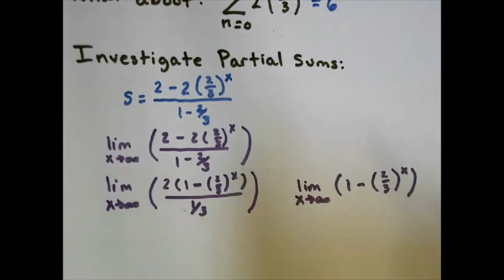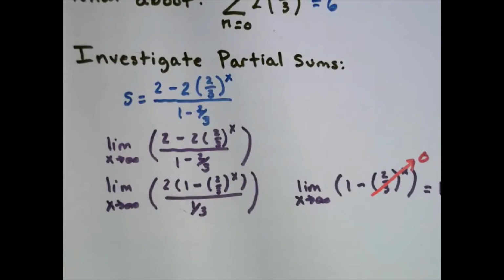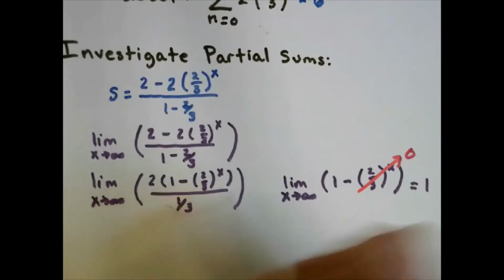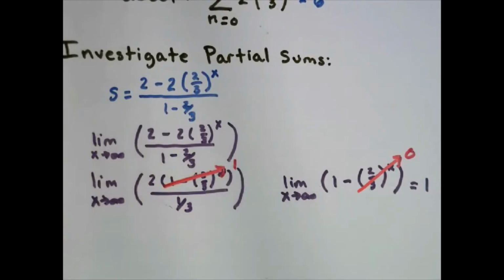But 2/3 to the x, we investigated limits earlier here. 2/3 to the x is going to go to 0. So this whole thing is going to be 1 minus 0, which is 1. So in this formula, as we go to infinity, this whole piece goes to 1.